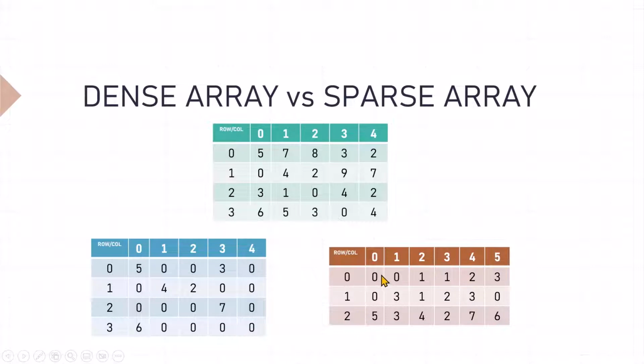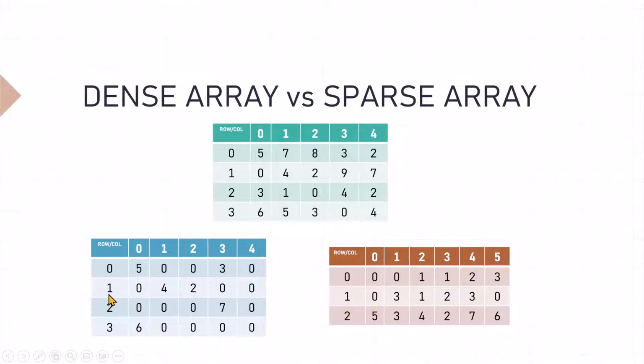So we store the row position and the column position as well as the value. Similarly, the next non-zero value is 3 and its logical position is row 0 and column 3. We store the row position and the column position as well as the value of that element. Then we have 4, which is the next non-zero value.